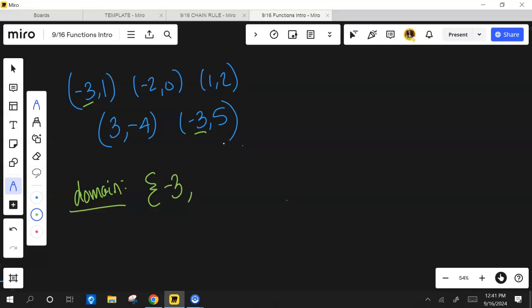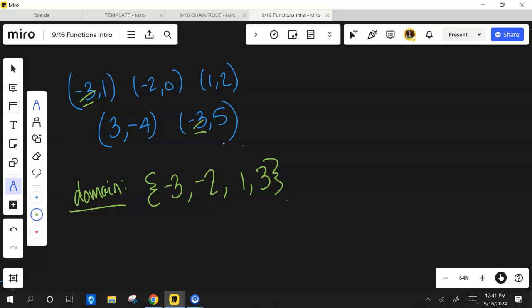All right. I've used the -3. What else? Next is -2. What else? 1 and 3. You don't repeat anything. So if it's in there more than once, just put it one time. You don't need to put it twice.